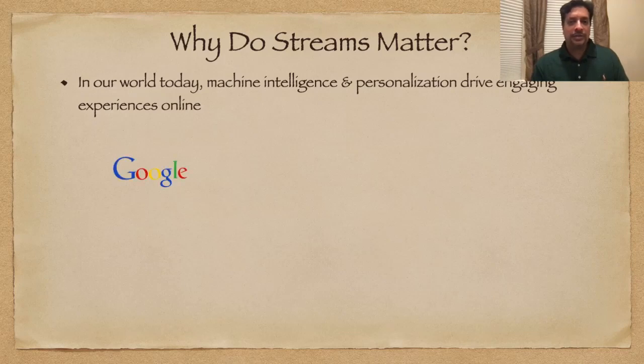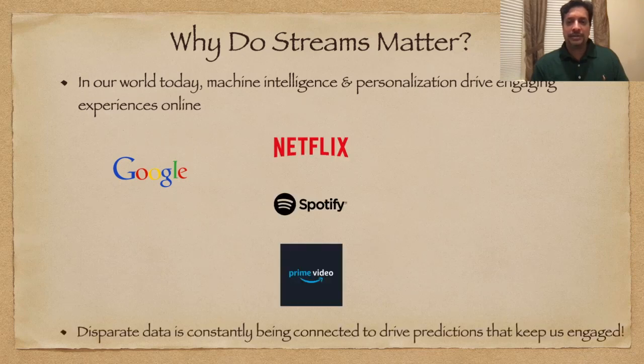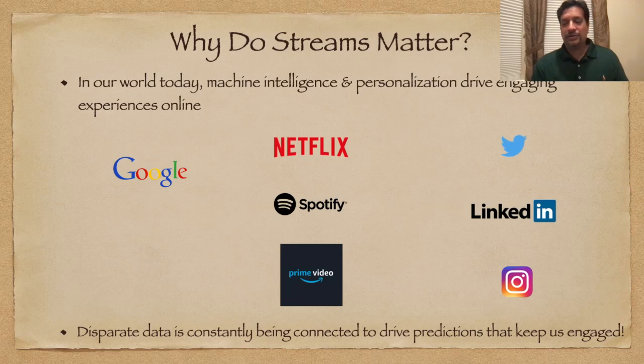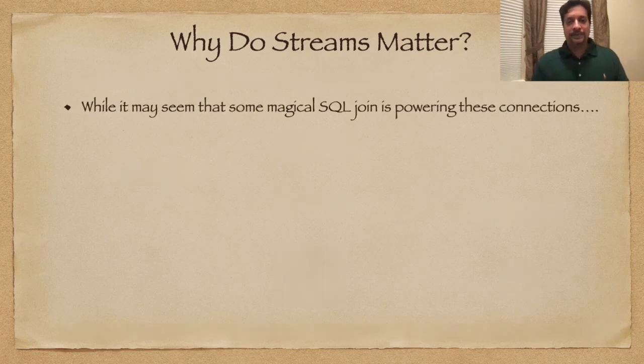Whether that's a learn-to-rank system that improves search quality at your favorite search engine, or a recommender system that recommends music or movies, or recommender systems that recommend who you should follow, or ranking systems that re-rank a feed on your social platform of choice, disparate data is constantly being connected to drive predictions that keep us engaged.